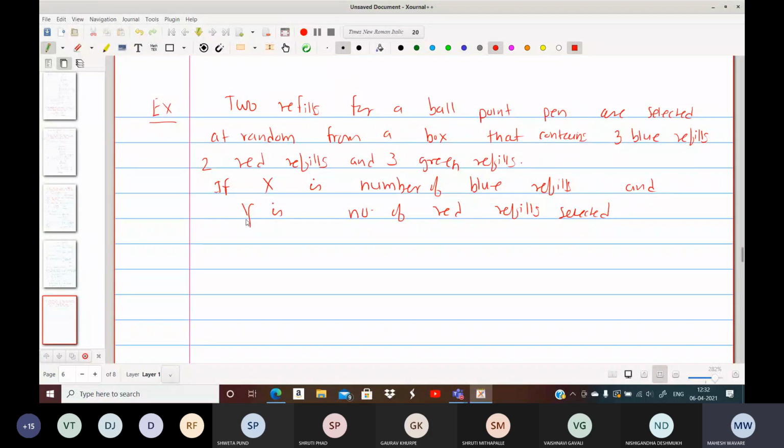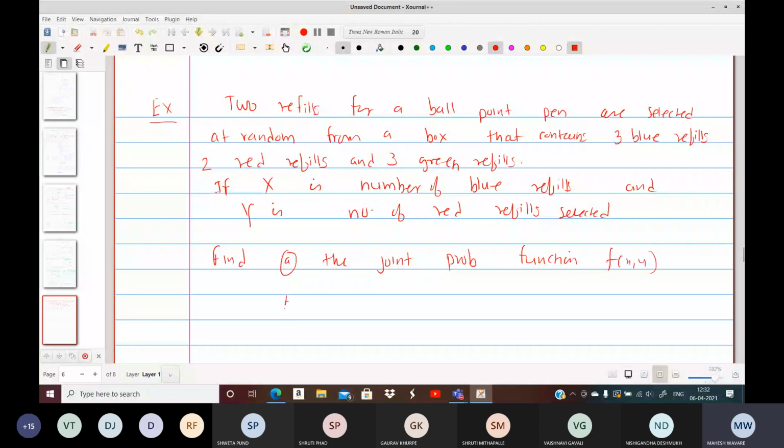Now the question: find a joint probability function, which will be denoted by f of x comma y, and find the probability for the random variable x, y in the region A. What is A?